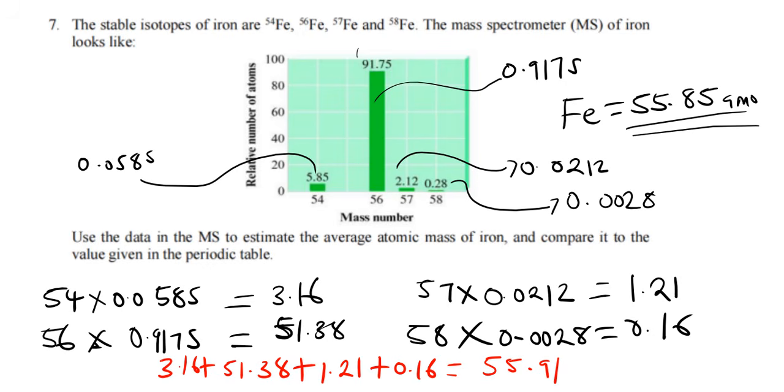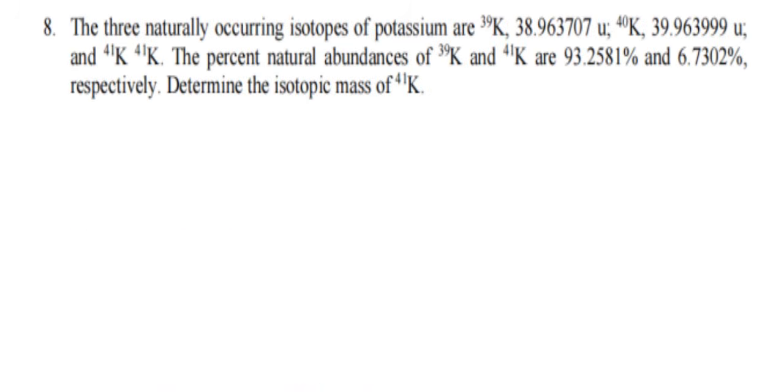The atomic mass unit that we've just calculated is 55.91. The one on the periodic table is about 55.85. So we are around the same value. You don't have to be very accurate, but it's around that figure, and this is correct.